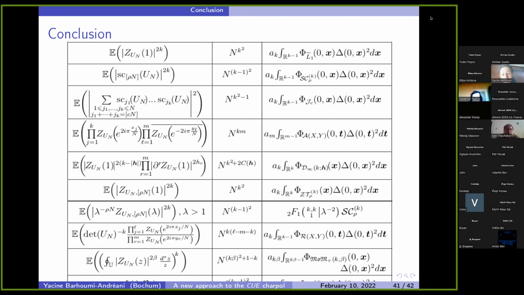In fact, over finite fields, when q tends to infinity, q being the size of the field, you should be able to. Normally, there is this Katz and Sarnak theorem that says you have averaging of monodromy groups. So basically, when q tends to infinity, you should get the unitary group.